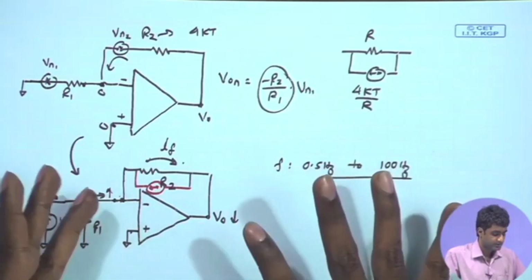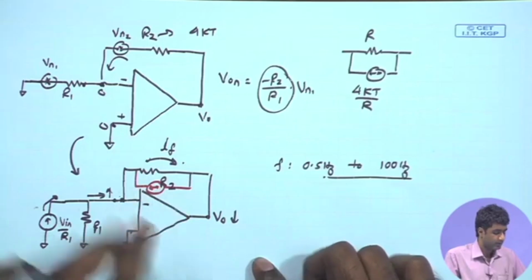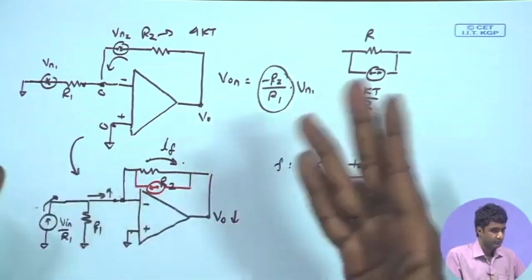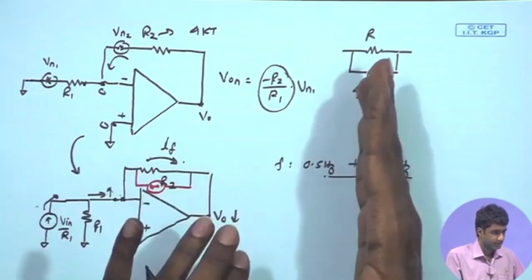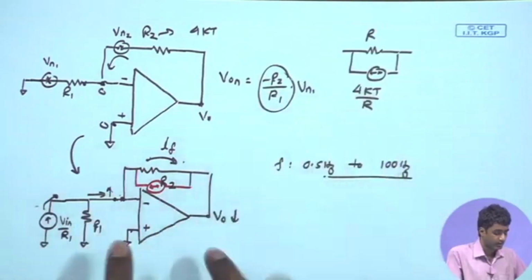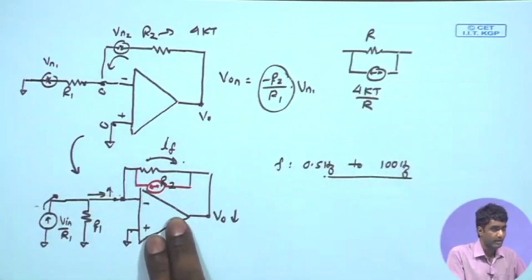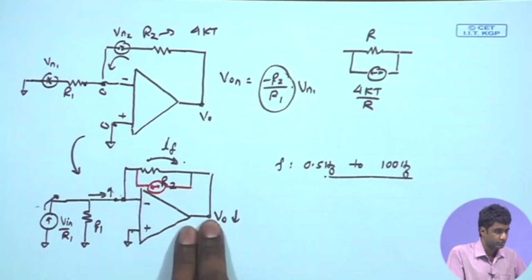So, we have seen in the feedback discussion that the op amp can be used to build any of the 4 topologies of feedback. It can be shunt, series, shunt. So, it can be used to implement current to voltage amplifier also, although inherently this triangle, that is the op amp, is basically taking a voltage at the input and producing a voltage at the output.